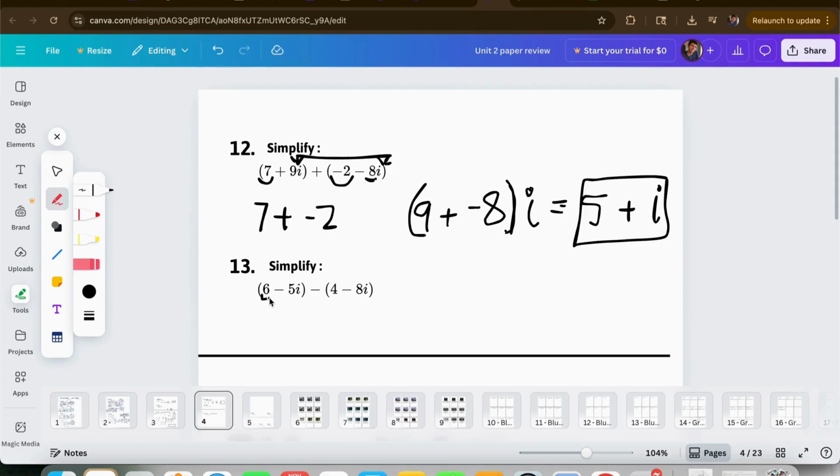Same with this. 6, but this is now -4. And you could write this as just 6 minus 4, but you just need to make sure that that minus applies to this -8 as well as to the 4. So what I mean by that is when we have this -5i and we're minusing it from the -8i, that's a -5 minus a -8.